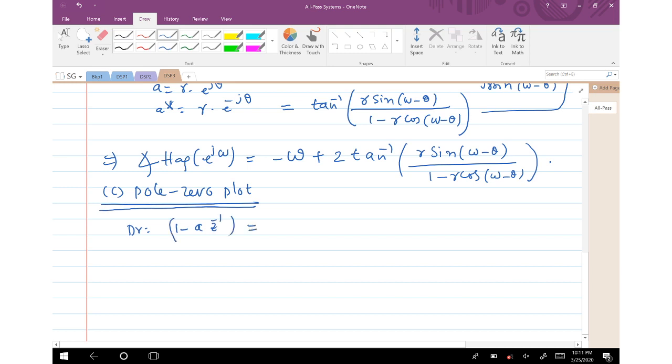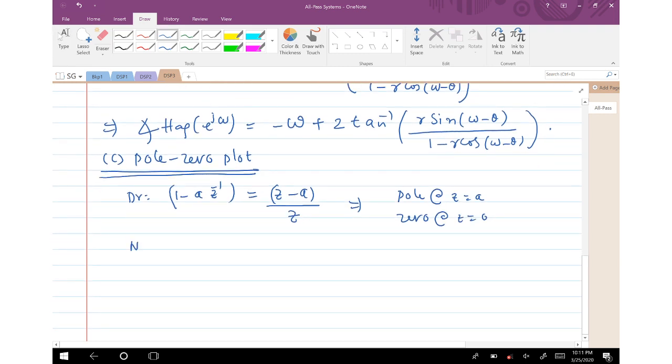We have been dealing with it for quite some time now. This is nothing but z minus a by z, right? Which means, this being in the denominator, the root corresponds to the pole. It has a pole at z equal to a, and also it has a 0, and that 0 is at z equal to 0.